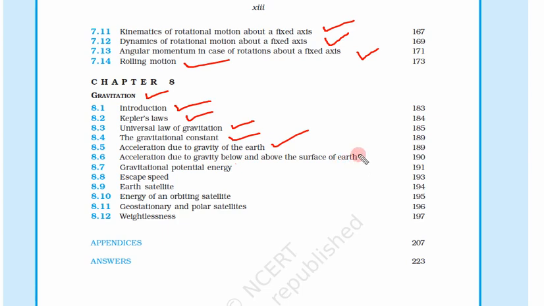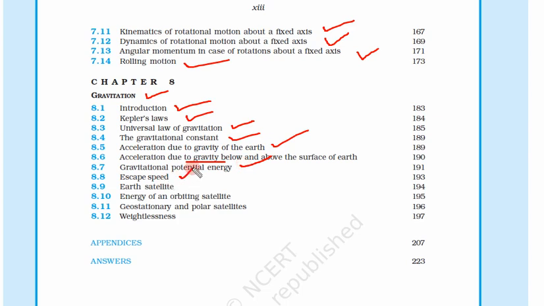Till now we have seen that something falls on the surface of earth, but what happens if we try to find out gravity inside the surface of earth or above the surface of earth? What will happen to gravity? Potential energy, but this time it is gravitational, that means potential energy due to gravity.